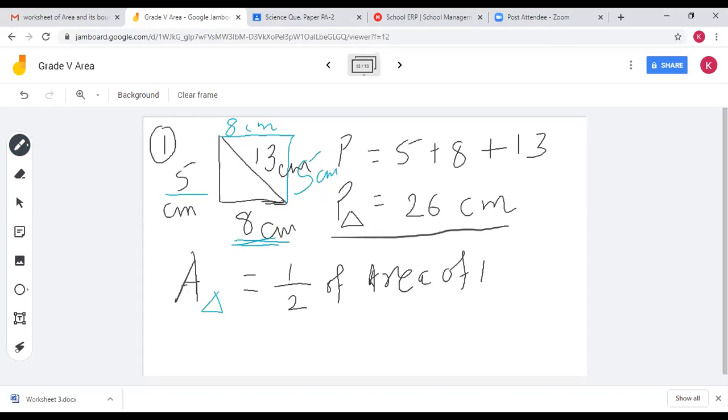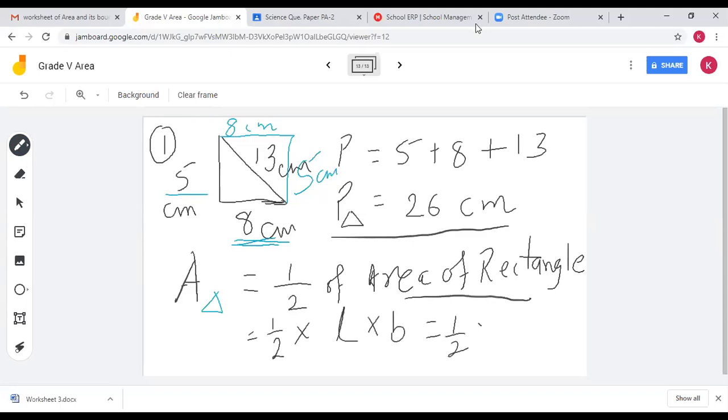Here it is a rectangle. Half of means half into area of rectangle, which is L into B, in this case 5 into 8.